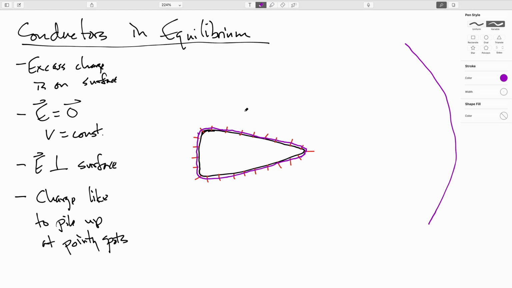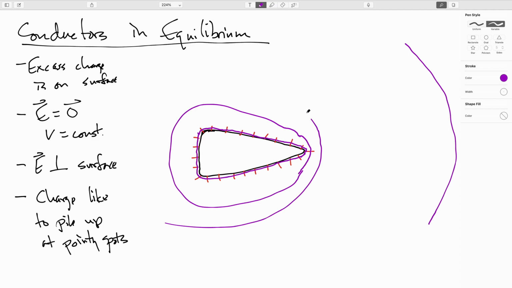So now this gives us the clue for why the charges have to pile up here at the pointy spots. This is because as I have to morph from, say, this triangular shape to a sphere, the pointy bits have to do the most work to unfold. So this might be the next one, and then the next one, like so, and I'm not going to draw the rest.